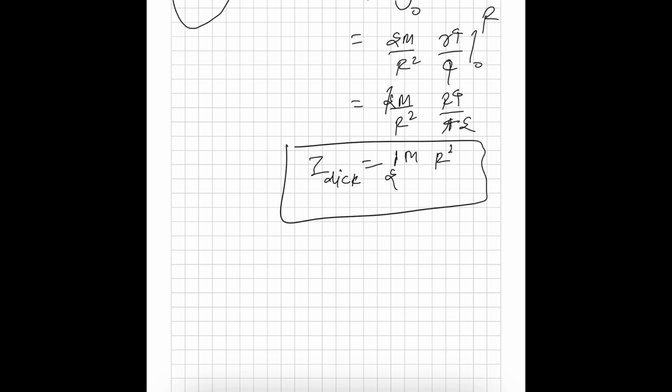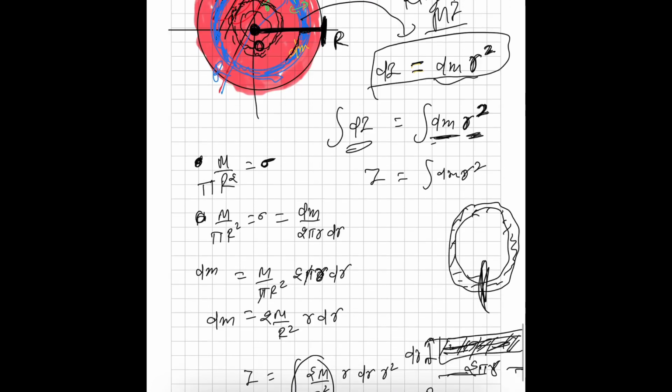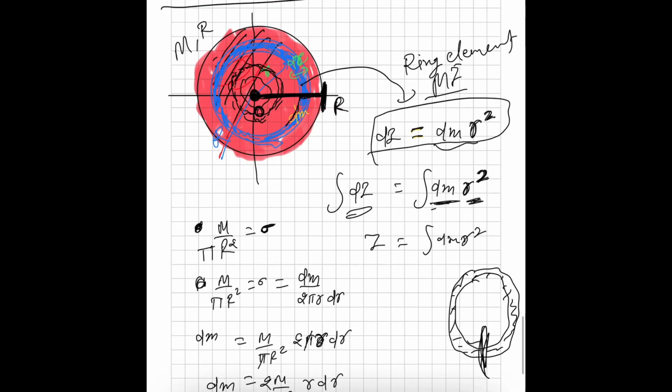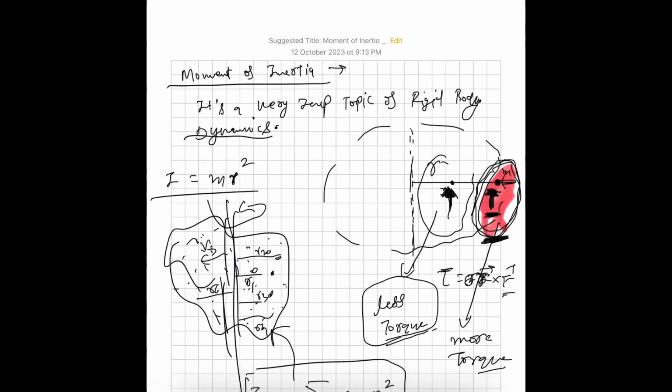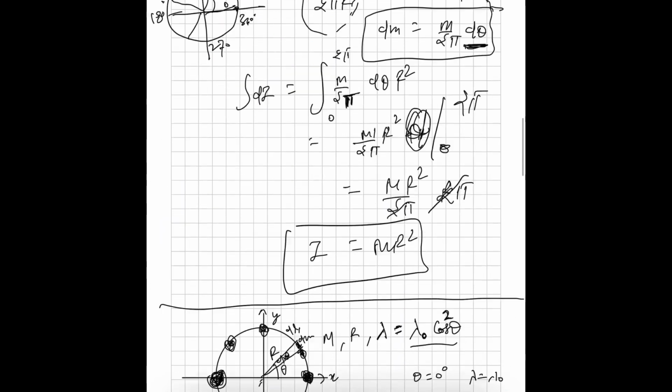Now many times students get confused about why we are getting this half M R square. I was getting M R square for the ring and half here, while it looks like the disk has more mass, so why less moment of inertia? The reason is quite simple. We often forget the basic definition, that I is the sum of m r square.